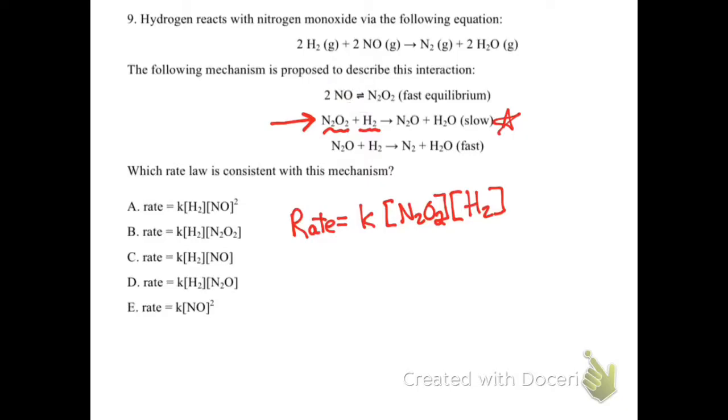Why is this not a good rate law? Because our rate law contains N2O2, which was made in one step and then used in a subsequent step. It is an intermediate. And can we have intermediates in a good rate law? Well, once again, to recycle this joke, no, we cannot.